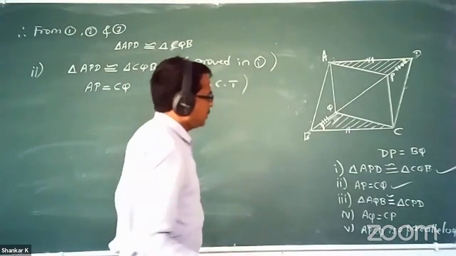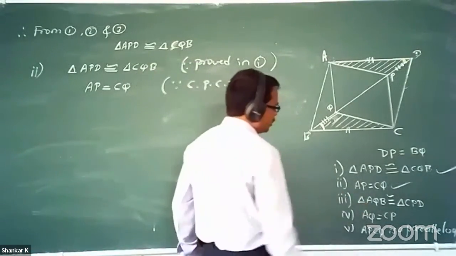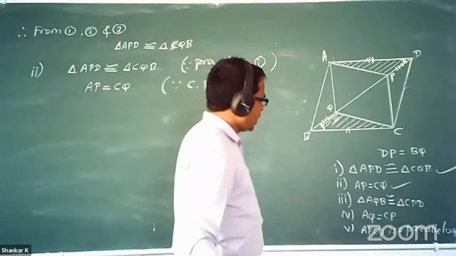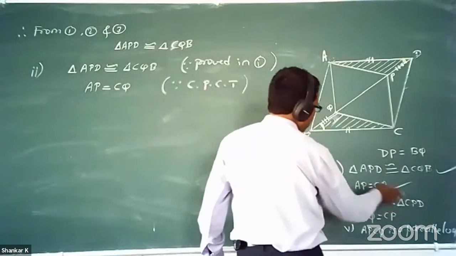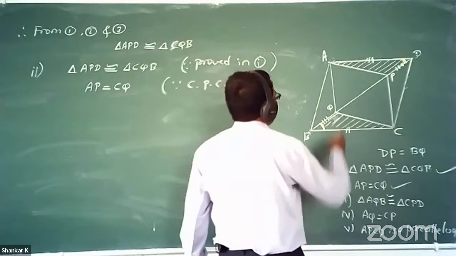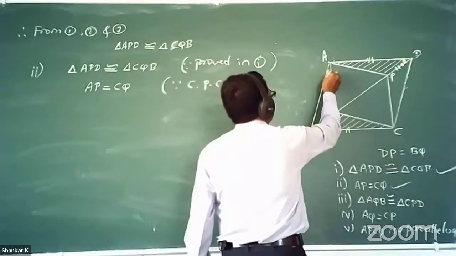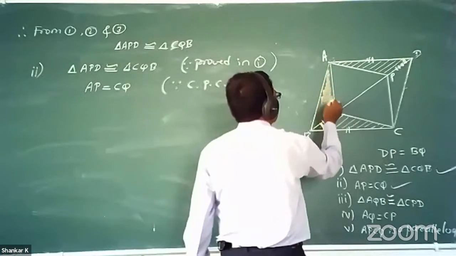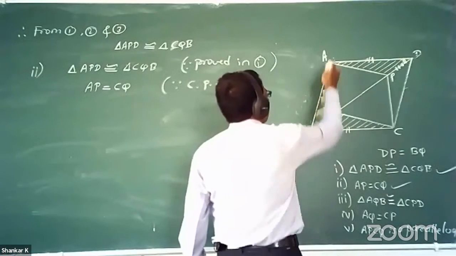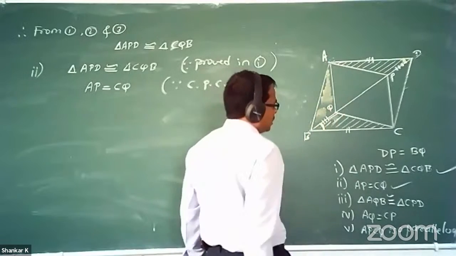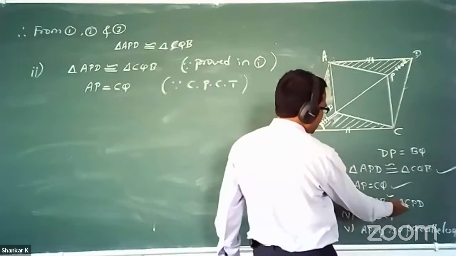Now third part. AQB. You should take triangles AQB and CPD. Where is AQB? This one. You'll understand. AQB is congruent to CPD.